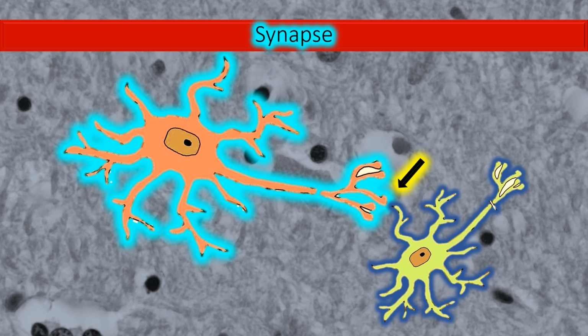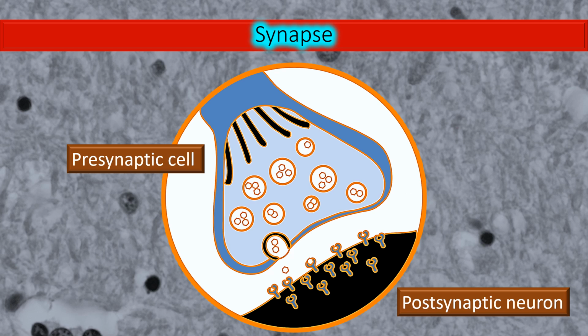Now, when you enlarge the synapse and see it in more detail, it is a spot where the neurotransmitter is secreted and released, in a way that is helpful for conduction of the electrical signal. You can see there is a presynaptic cell and a postsynaptic cell.